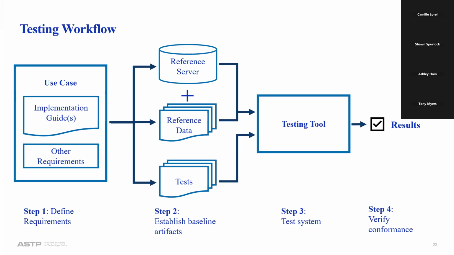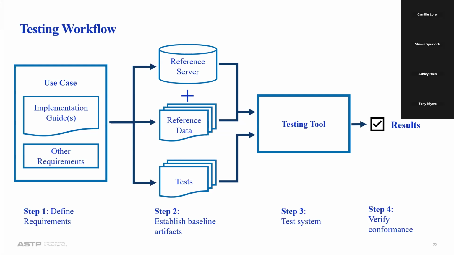Next is reference data. A reference server is often populated with reference data, which is data conformant to the requirements. And then third are the conformance tests, which are used by a testing tool to check a system's conformance to the requirements. And a testing tool such as Inferno may contain all of these testing artifacts.